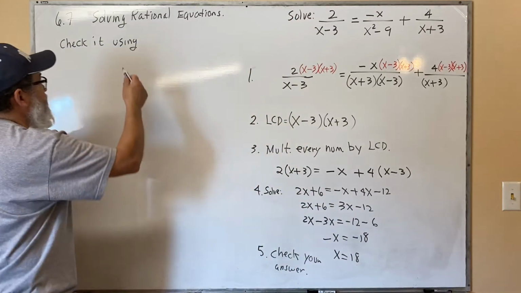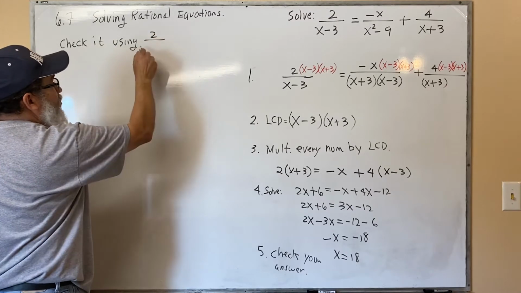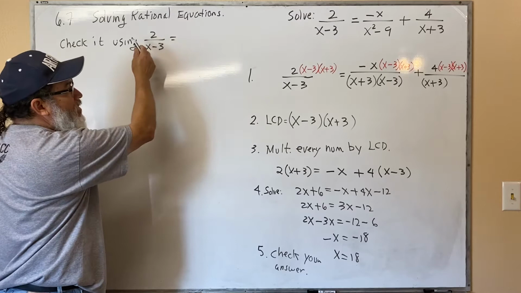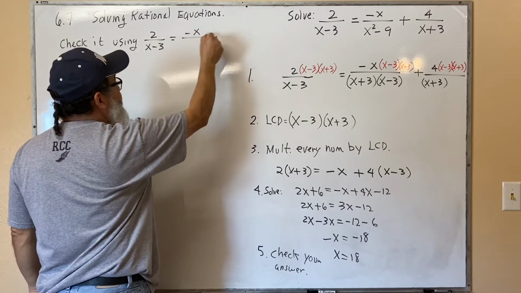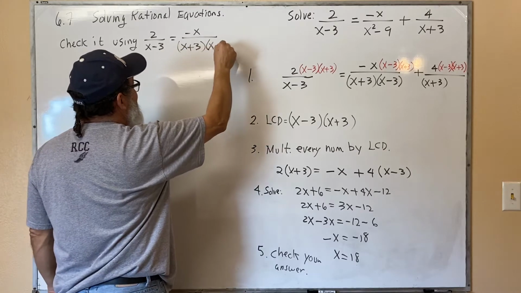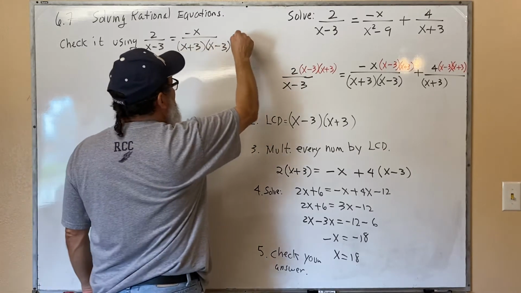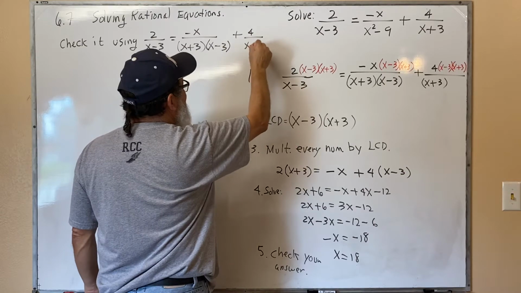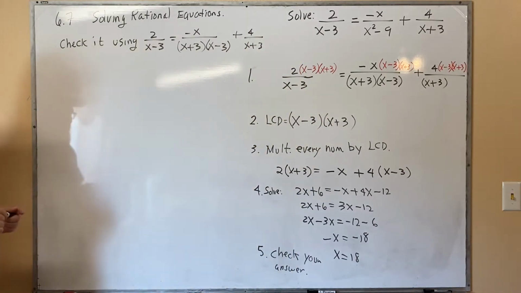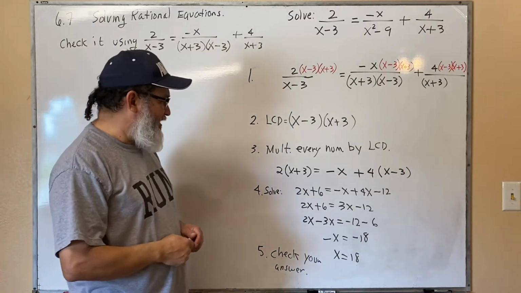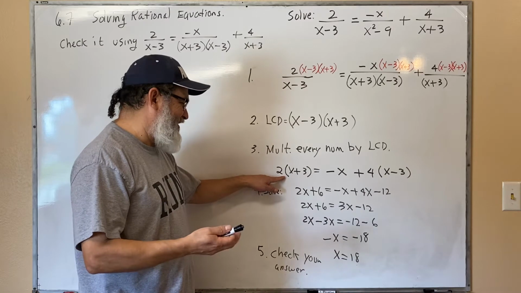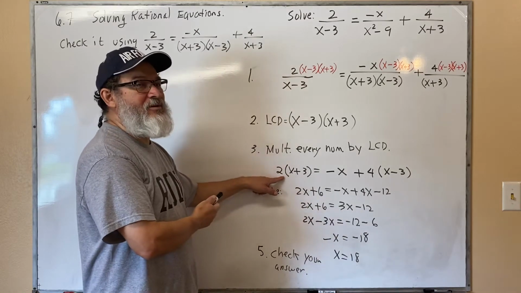It's up to you. Using 2 over x minus 3 equals negative x over x plus 3 times x minus 3 plus 4 over x plus 3. You can check it using this equation. If you check it using this equation, well, that's going to be true.